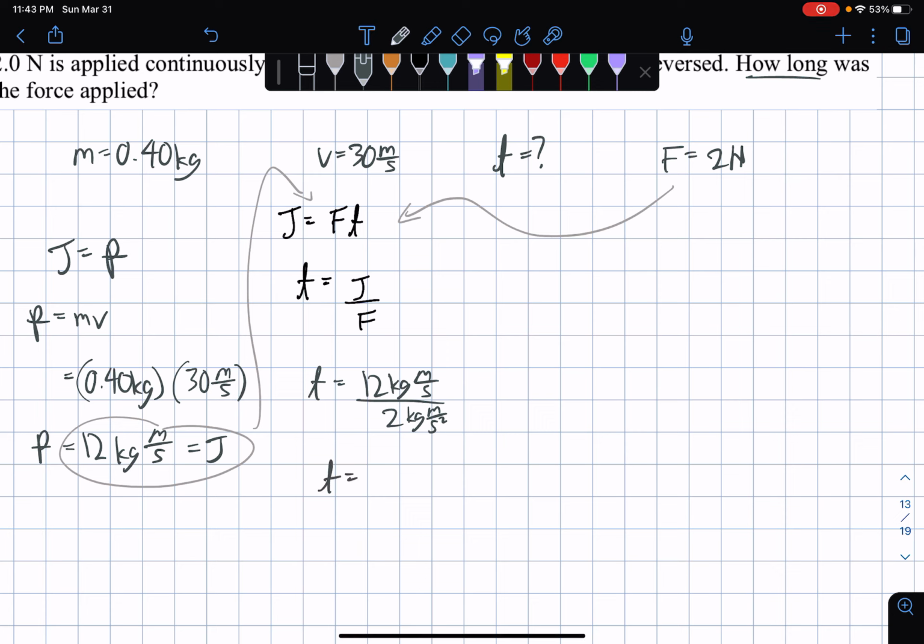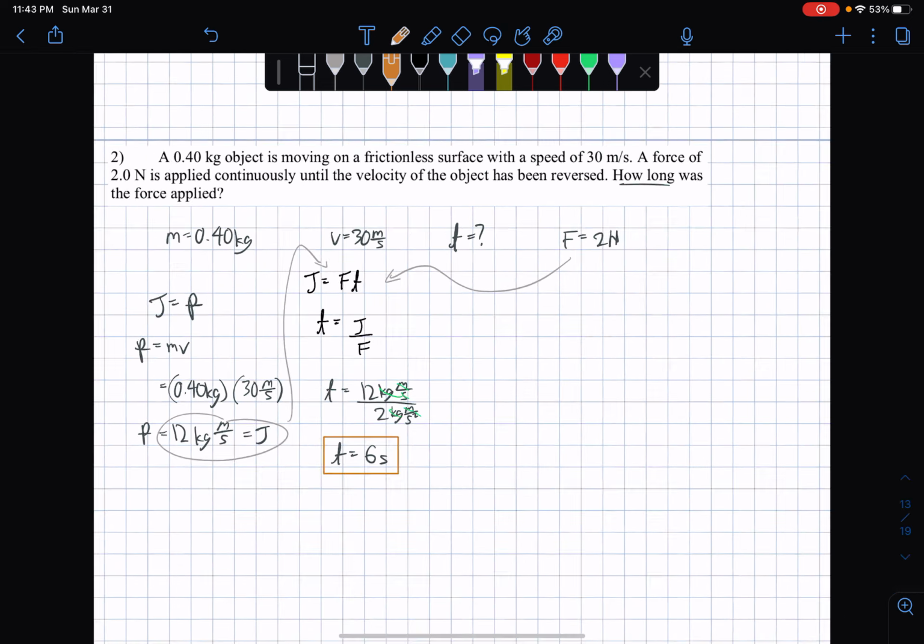Since time, the unit, you know it as seconds, right? This will be 6 eventually, the number. I believe these will cancel out, so what we have left is seconds. So yes, that's it for number 2.